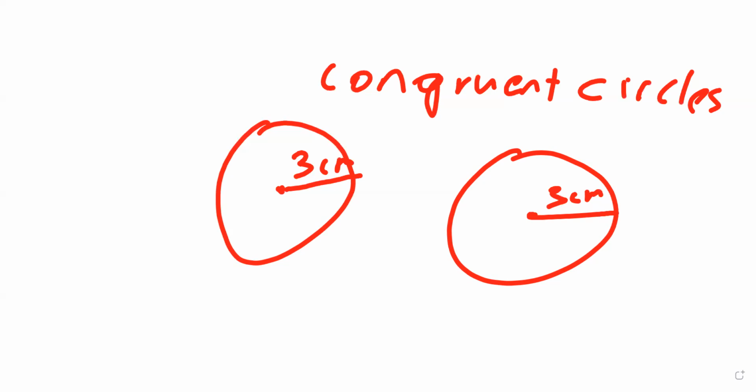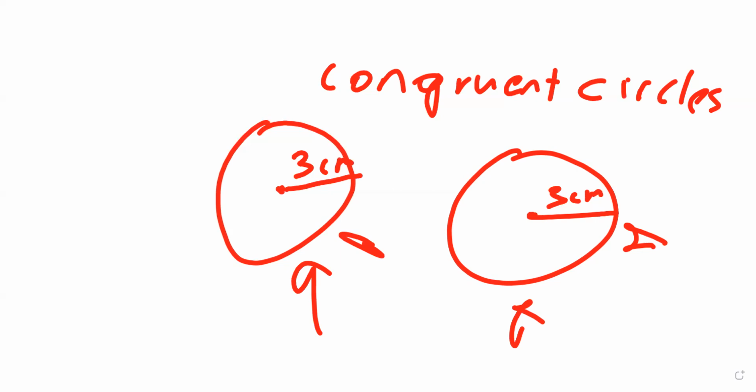So these are congruent. Because if I were to find the perimeter of this circle and this one, I would get the same answer. If I were to find the area of this circle or this circle, I would get the same answer. So it proves that these two circles are the same. They are similar. They are congruent.